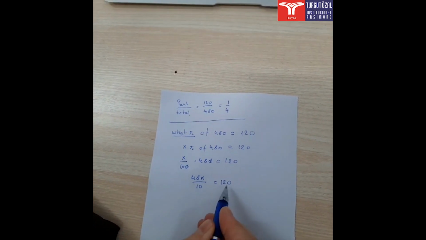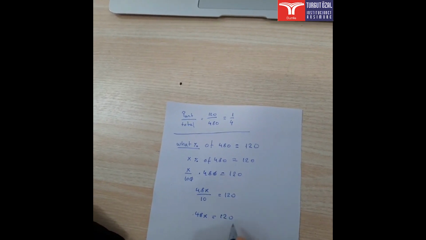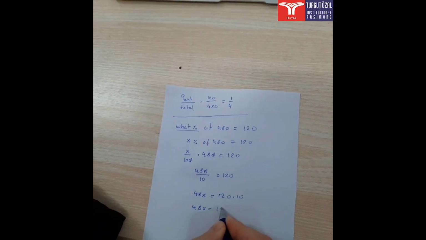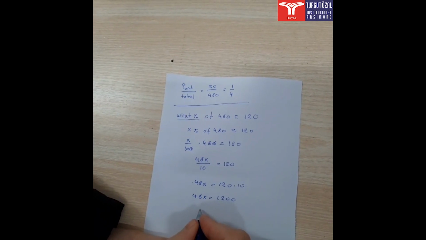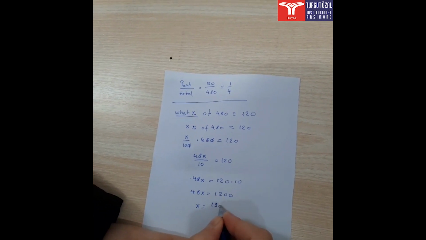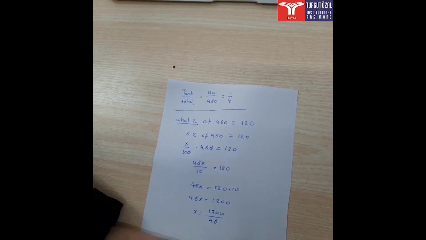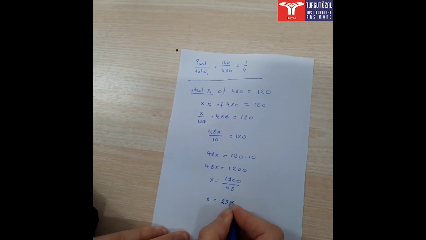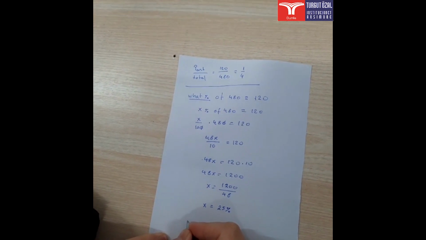I will move this 10 to the other side. So 48x is equal to 120 times 10. 48x is equal to 1200. I have to leave x alone, so x is equal to 1200 divided by 48, which is 25%. So 120 is 25% of 480.